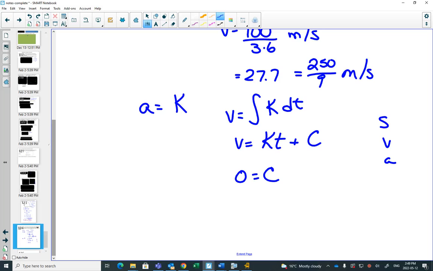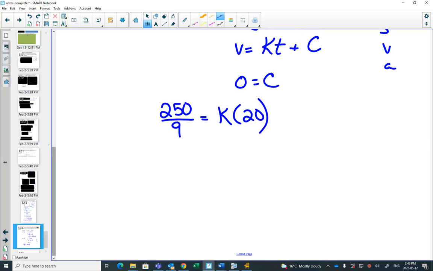From that, we also know that at time 20, the velocity is 250 over 9. Simplifying this gives us that k has to be 25 over 18.